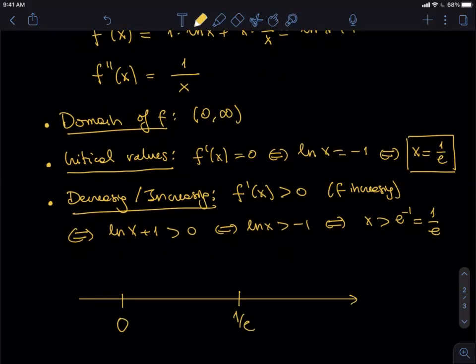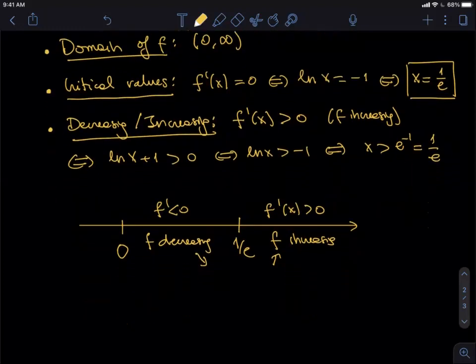Okay, so f prime is positive when x is bigger than 1 over e. f prime is negative otherwise. That means f decreasing, then f increasing. Okay, so we conclude that 1 over e is a local minimum.